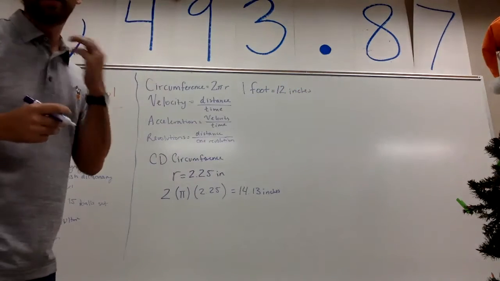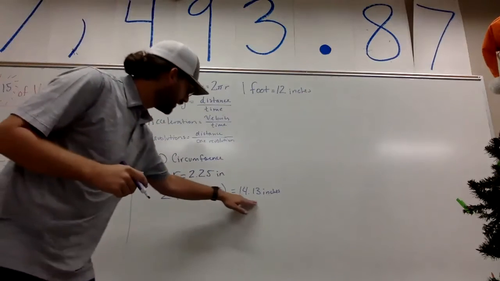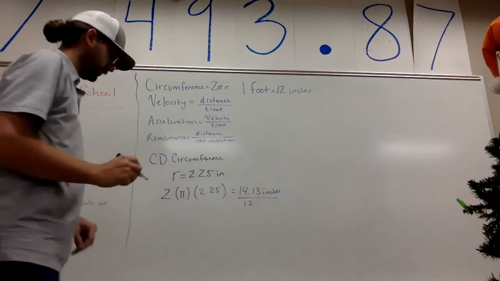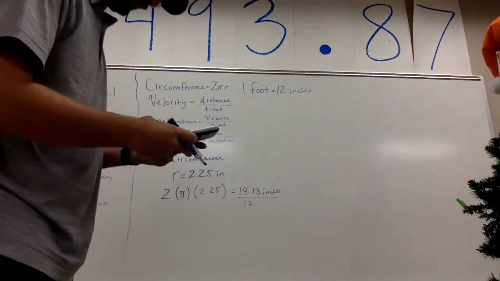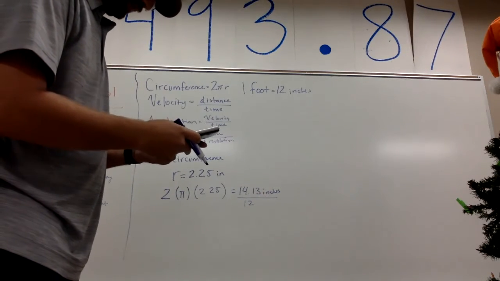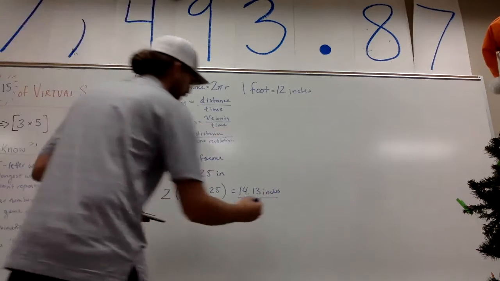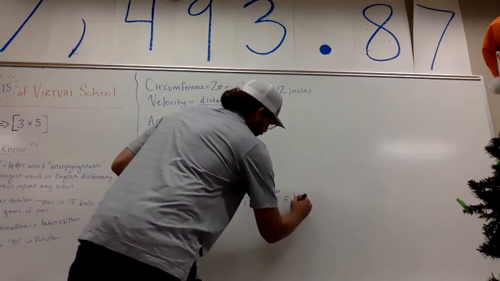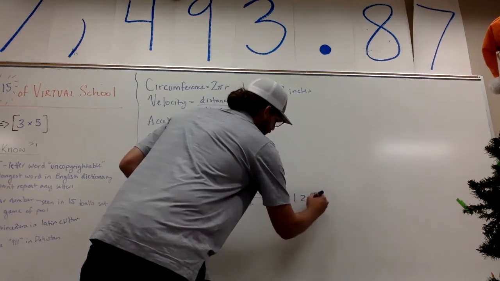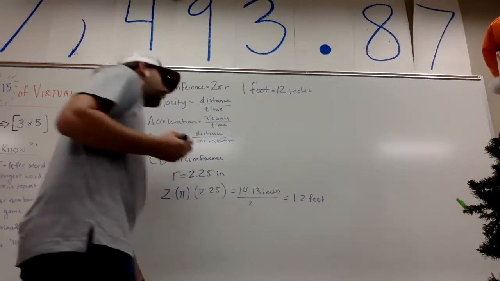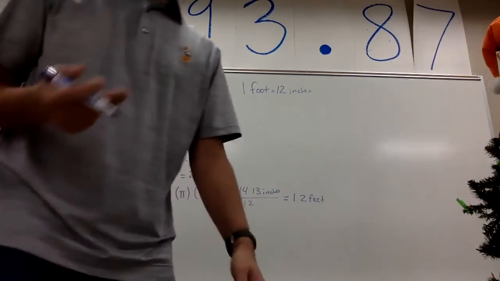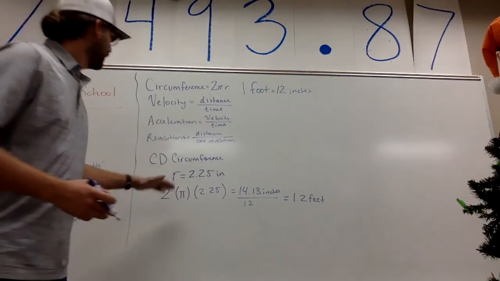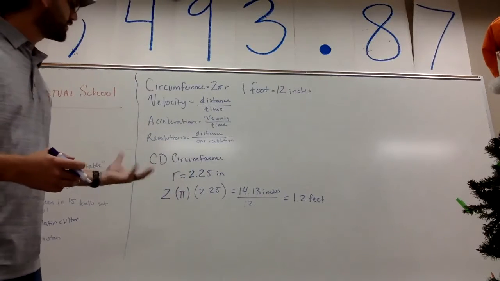With that in mind, I can get feet by dividing this number by 12. So 14.13 divided by 12 is 1.775. I'm just going to round to 1.2 feet. That's our measured distance for 1 revolution: 1.2 feet.